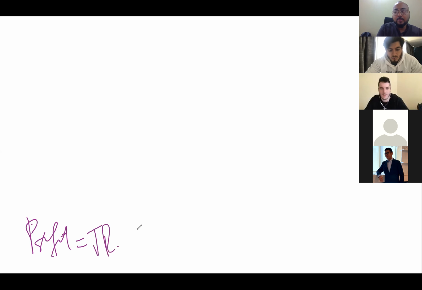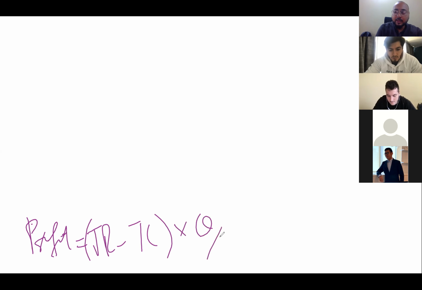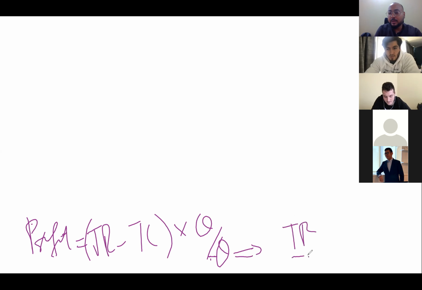We know that profit is equal to total revenue minus total cost. If we multiply this equation by Q over Q, the equation remains the same, right? So let's multiply the denominator Q inside the parentheses. It would be total revenue divided by Q minus total cost divided by Q.